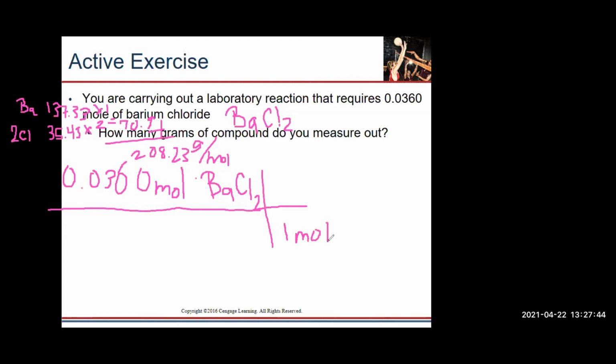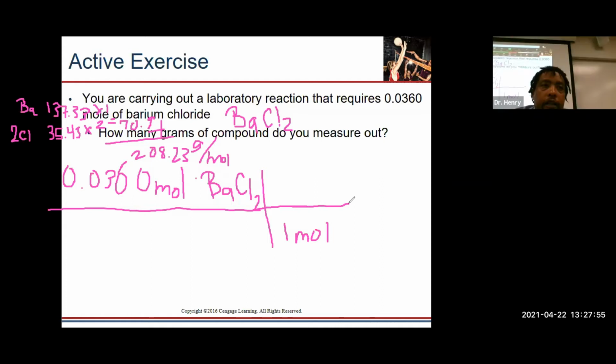Dr. Henry, why in this case didn't you round the numbers on the bottom? Because, for one thing, we had 137.33. That 33 is a third, so it's not really negligible.